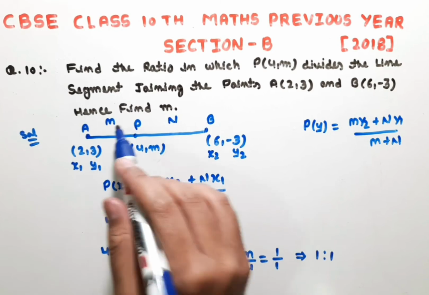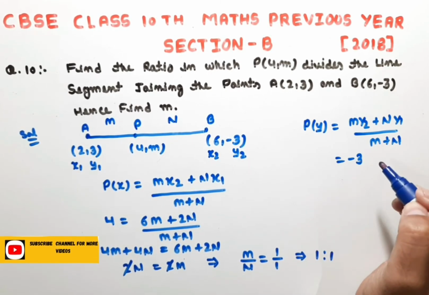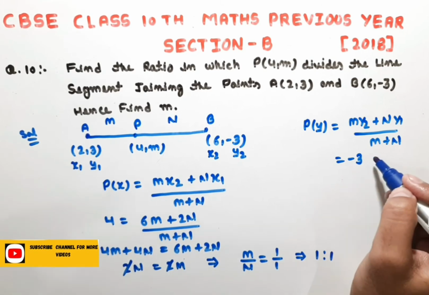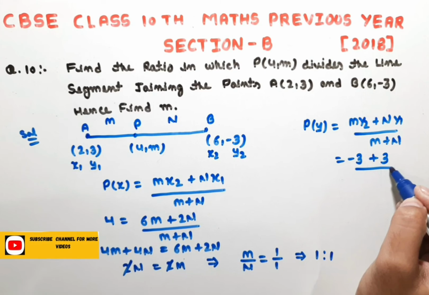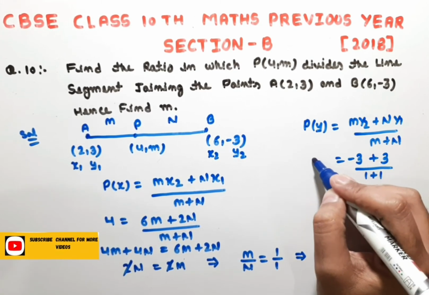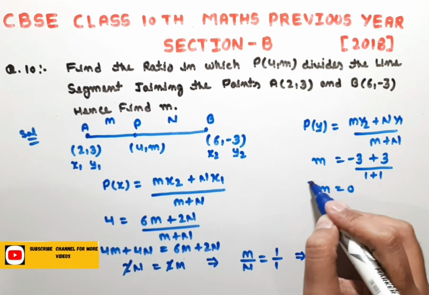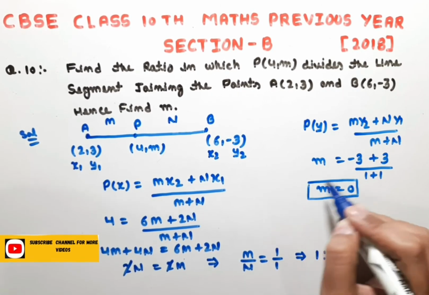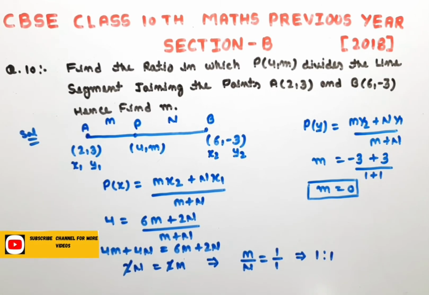So m is 1, so 1 into y2, that is minus 3, plus n into y1, that is 3, upon 1 plus 1, equals m. So minus 3 plus 3 equals 0. So m will be equal to 0.